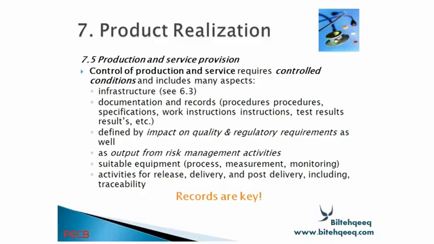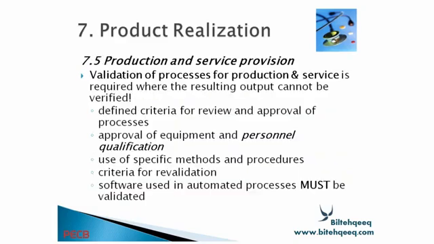These aspects are the infrastructure, documents and records, procedures, specifications, work instructions, test results, defined by impact on the quality and regulatory requirements, as well as risk management activities, suitable equipment, process measurement and monitoring, activities for release, delivery, and post-delivery, including traceability. So you have to manage all these things in a controlled environment, and you have to keep records of all these controls.